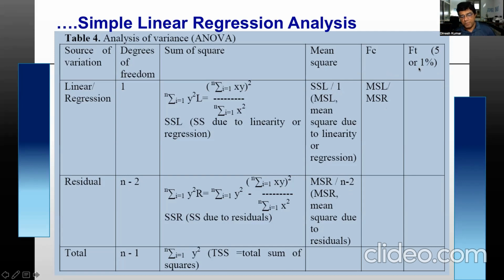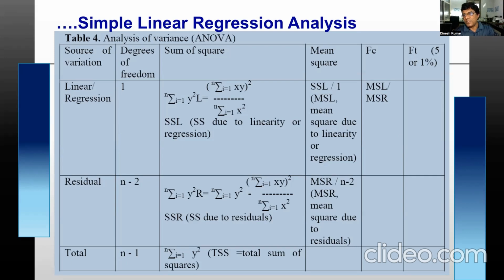I think most of you must have seen the T table, F table, R table, and many kinds of tables in statistics. So in the F table, you need to see the table value of F at 1% or 5% level of significance, and 1 and n minus 2 degrees of freedom. You know, in the F table you will find 2 degrees of freedom.